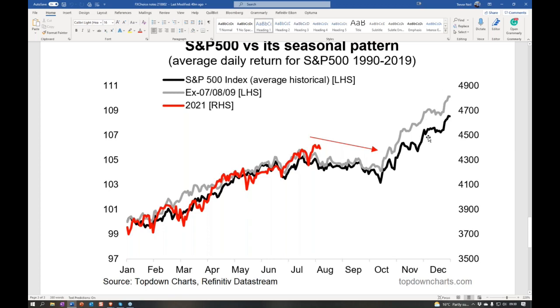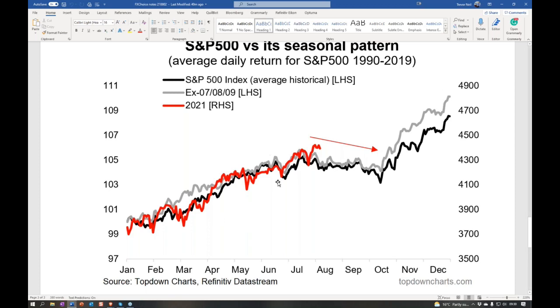The black line here is the S&P. Then the red line, which is up till now, you see the beginning of August. The black line is the S&P average, historical average. It's not the S&P, it's the historical average from 1990 through to last year.